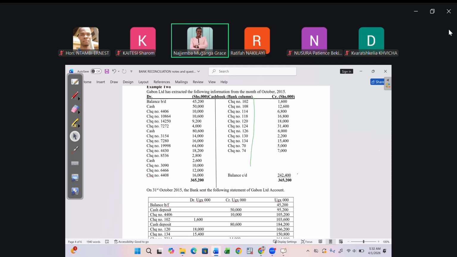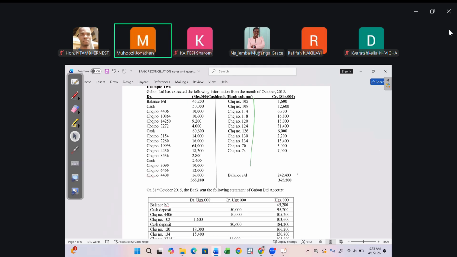There's a continuation to that statement. Thank you. What else did we say? That we ensure that those transactions are appearing both in the cash book and bank statement, and are of the right and similar amount and posted on the right side. Right. Very good. Yes, exactly that. So let's start.